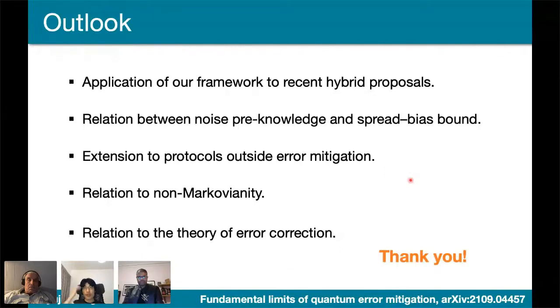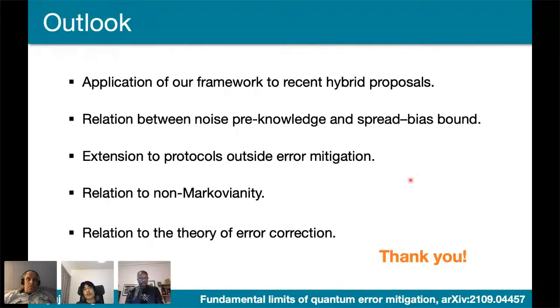So there should be a more intricate relation between the pre-knowledge and the sampling-bias relations. It is also interesting to look at other possibilities outside error mitigation that use a combination of quantum processing and classical post-processing, and see if we can get similar fundamental relations between the sampling cost and maybe distinguishability measures and maybe something else.